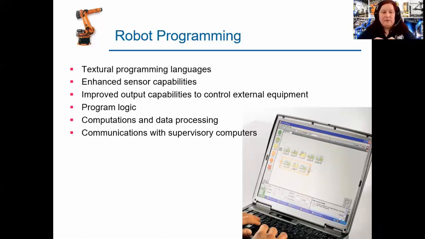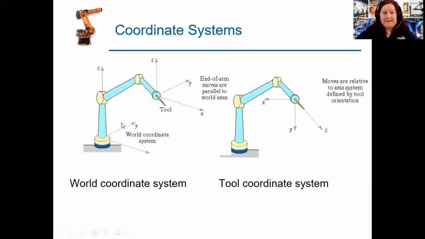They can also provide program logic, and they can have computations and data processing, and they can provide communication with supervisory computers by you knowing the exact IP address and different information related to the specific thing that you want to access.